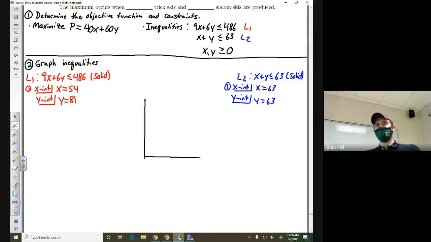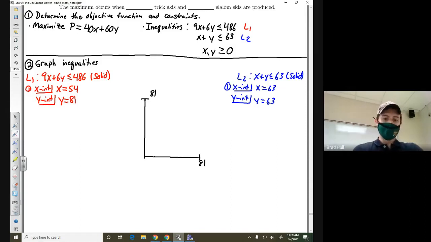Doesn't have to be great. And the upper bounds of these graphs, I normally make the largest part of the graph the largest intercept. So I have a 54, an 81, and a 63. 81 is the largest number, so I'm just going to put 81, because I know that any other intercept that we have is not going to exceed 81.